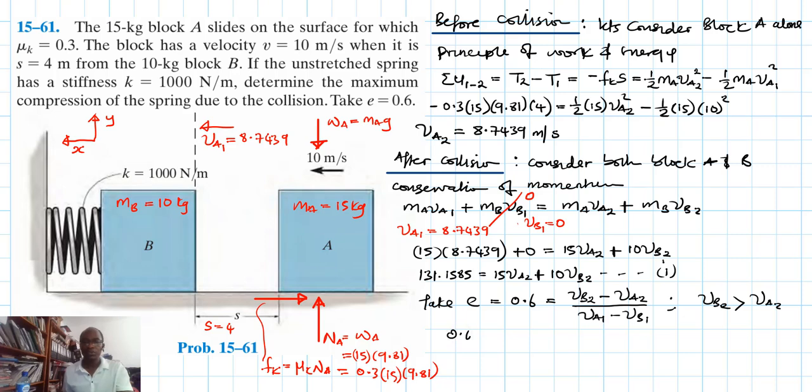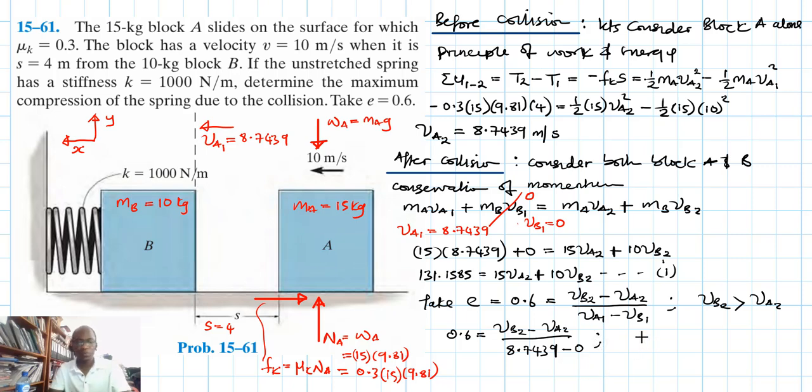Therefore, 0.6 is just going to be equal to VB2 minus VA2 divided by VA1, which is 8.7439, minus VB1, which is 0.